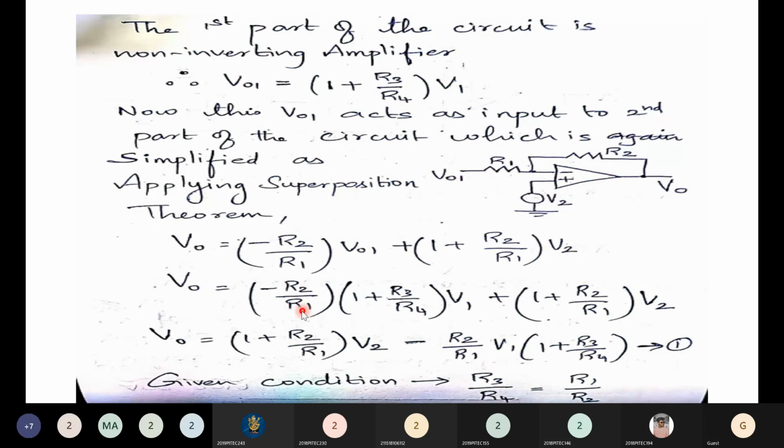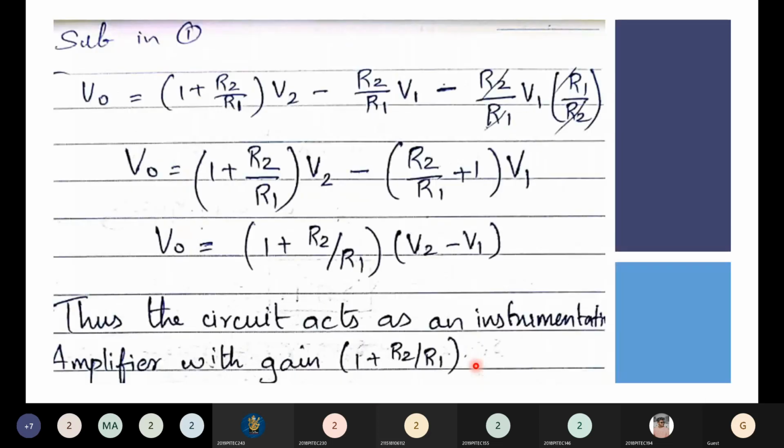Okay. So you can simplify this, and we have an assumption here: R3 by R4 is equal to R1 by R2. So apply that. Wherever you have R3 by R4, you can change it to R1 by R2. So when R3 by R4 is equal to R1 by R2, you have R1 by R2 here and R2 by R1 there.